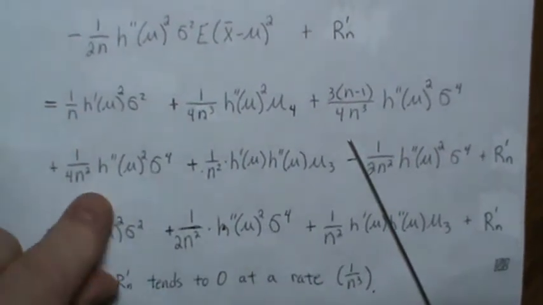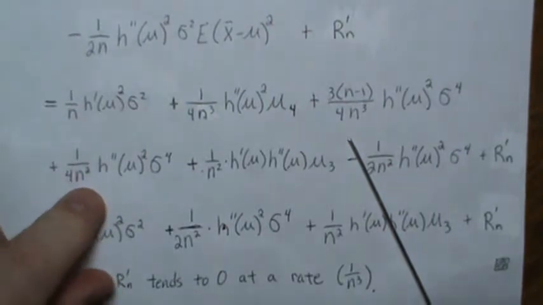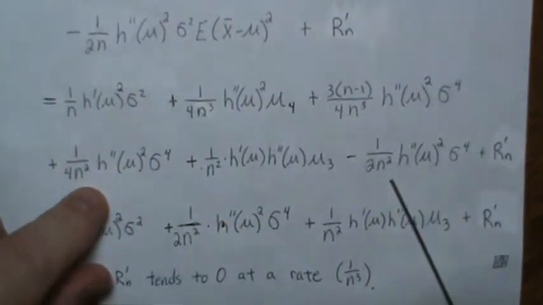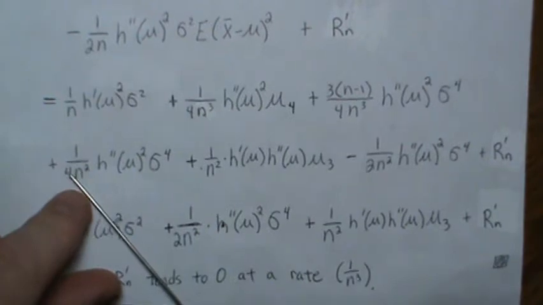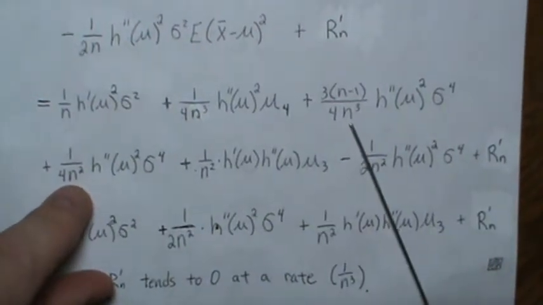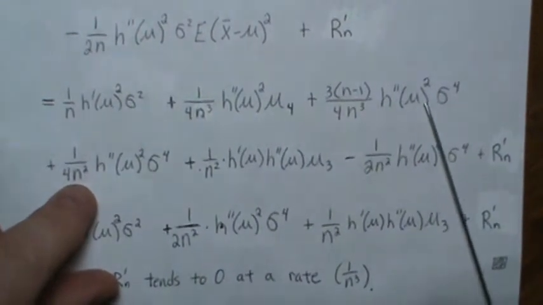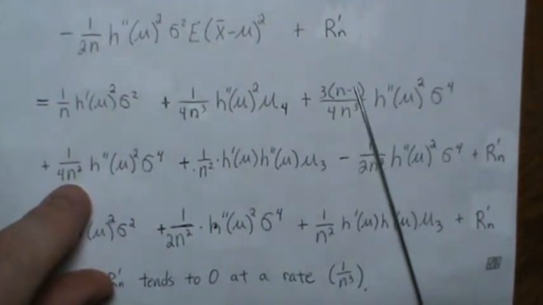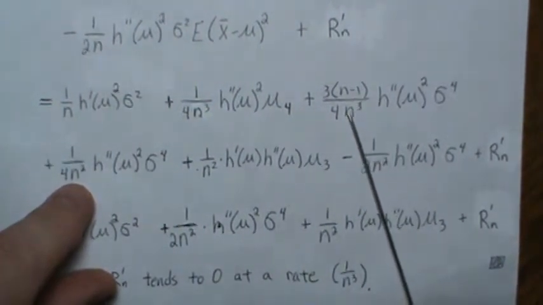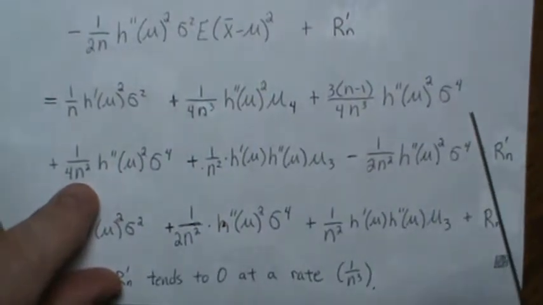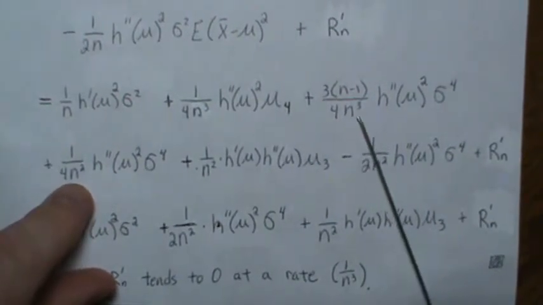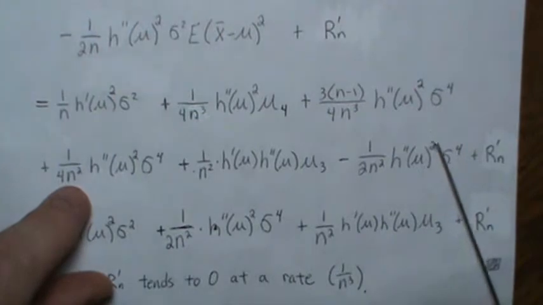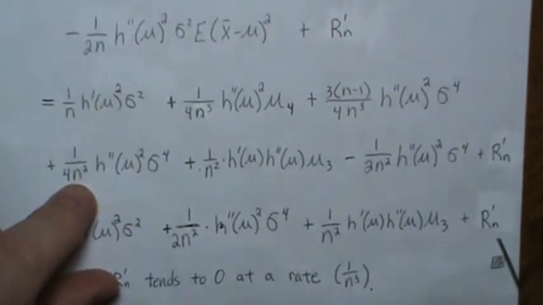So what we do, this is an n squared, this is an n squared. So here, this is n minus 1. So we can take this times the 1 and then that times the n, and separate the 1/4 over n cubed by itself. Since it's divided by n cubed, we're going to stick it in the remainder.